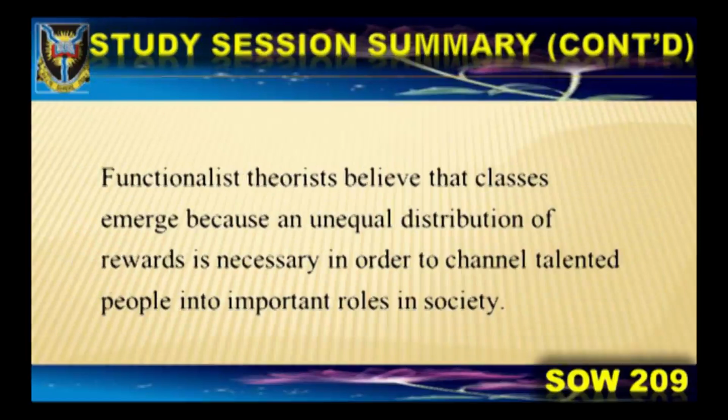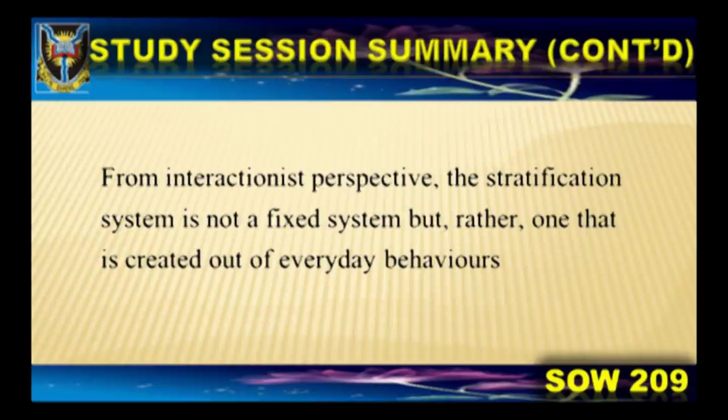Functionalist theorists believe that classes emerge because an unequal distribution of rewards is necessary in order to channel talented people into important roles in society. From the interactionist perspective, the stratification system is not a fixed system, but rather one that is created out of everyday behaviors.